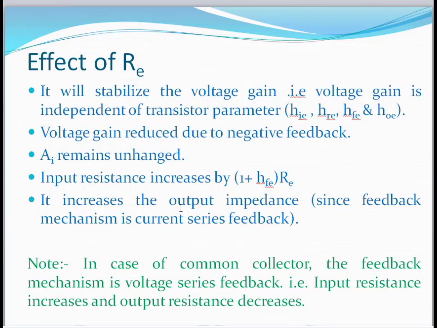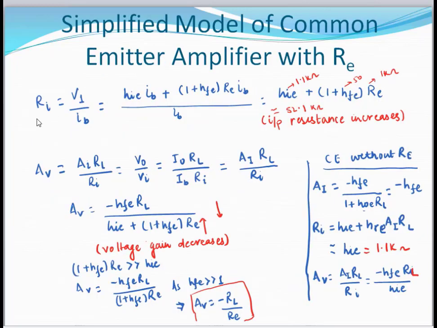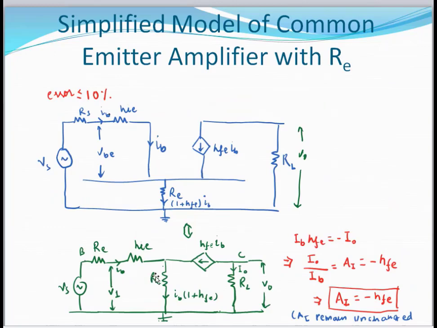We have not calculated the output resistance here. You can calculate the output resistance at this point, as we did in one or two circuits. This is your homework: calculate the value of Ro and analyze the effect on output resistance here.